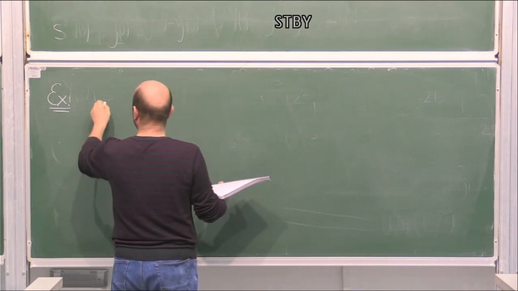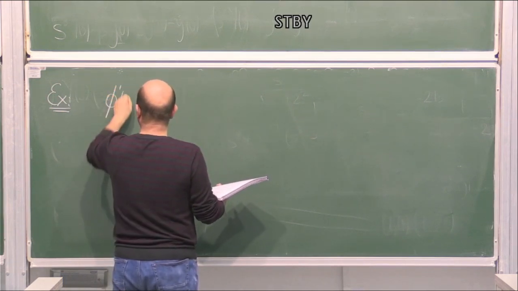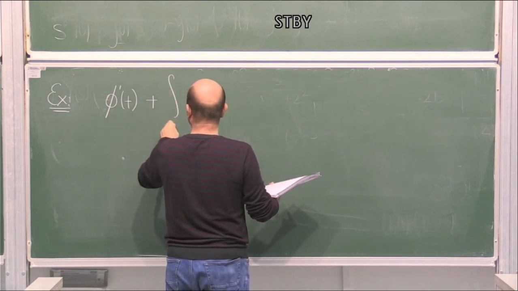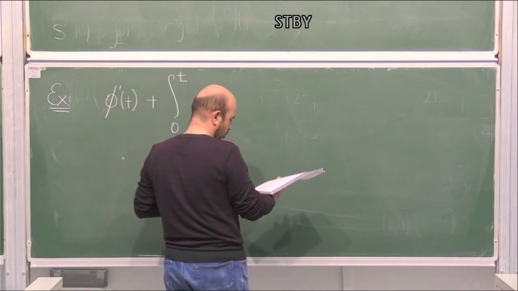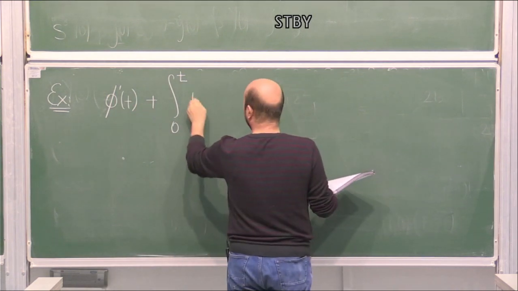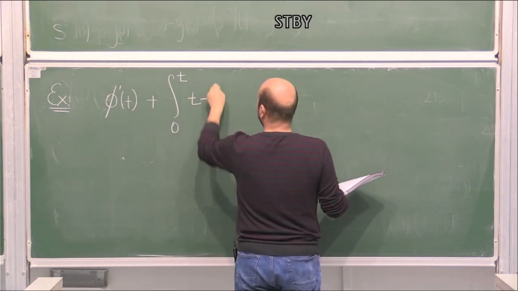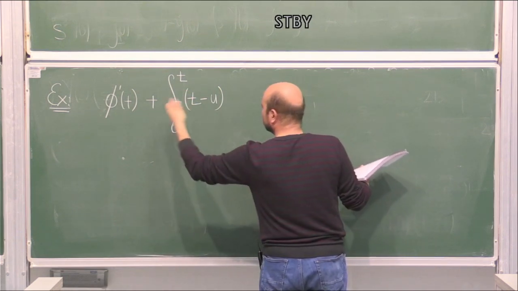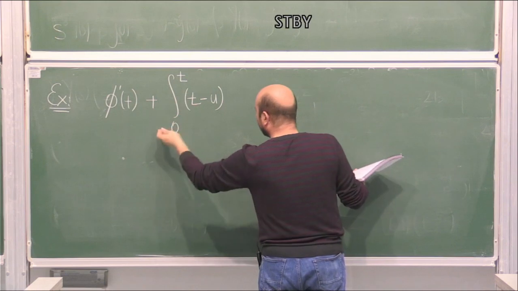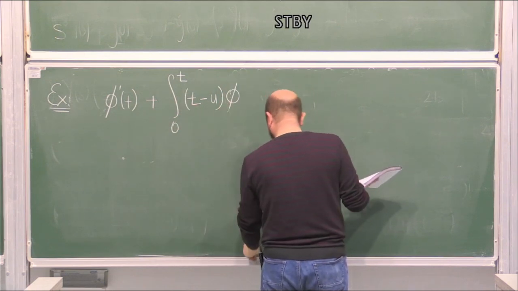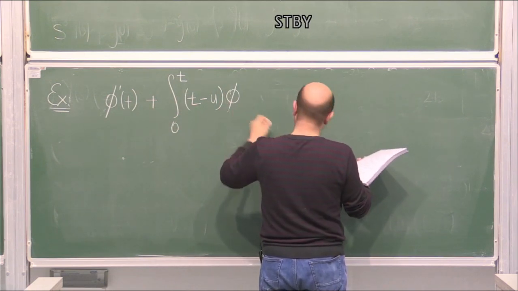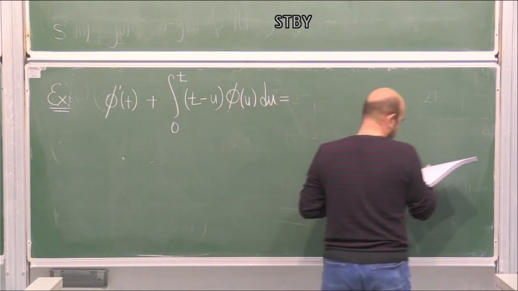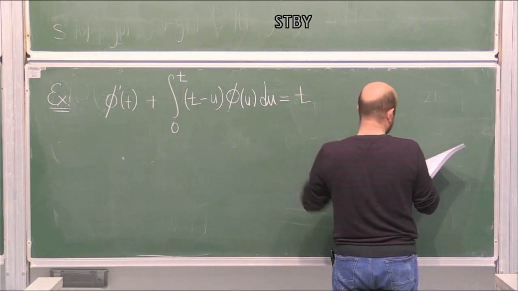Now we are given the following problem, in the book, I guess. This is an integro-differential equation. So there is an unknown function and there's an integral in it. We have the integral of phi(u) du, and that's equal to t.